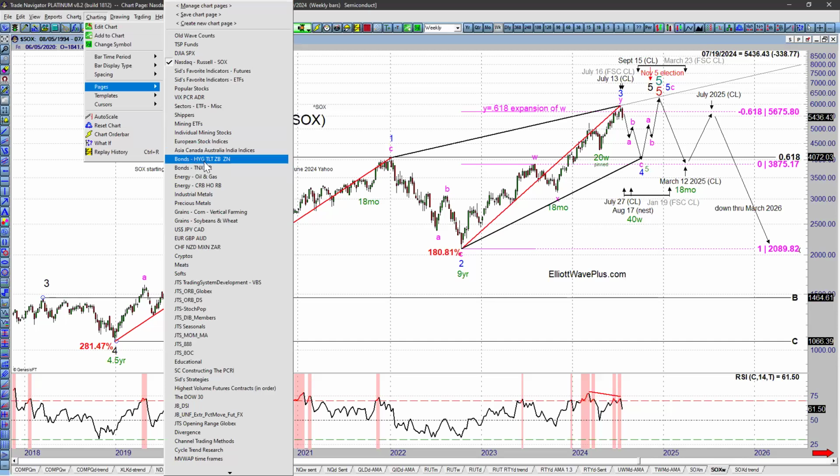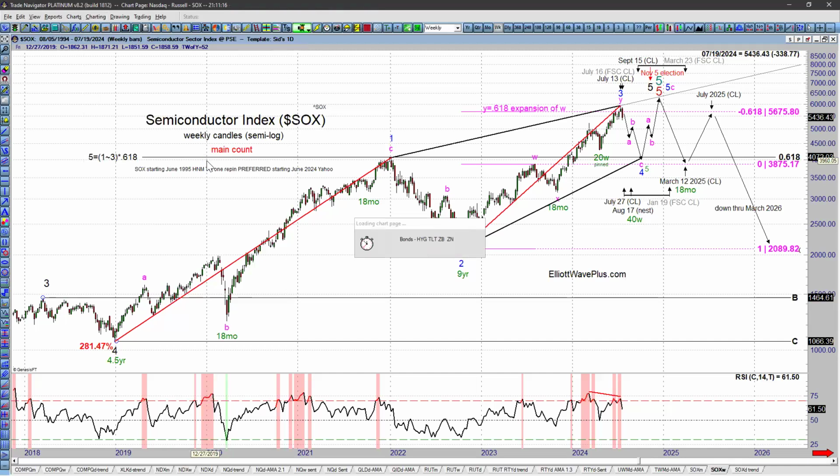Also, I look at bonds, very quickly. Remember how I told you that I didn't think bonds are ready to take off to the upside quite yet. I'm going to show you very quickly my wave count on bonds.